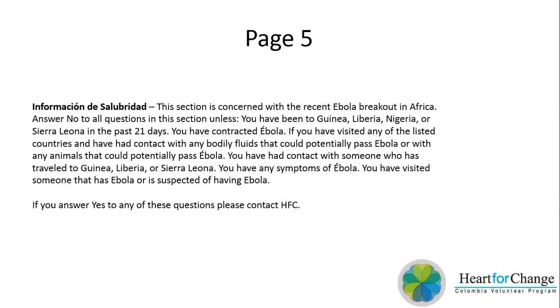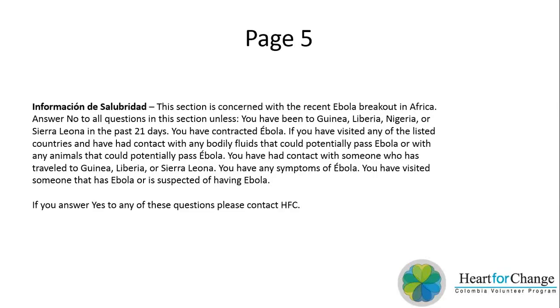You have contracted Ebola. If you have visited any of the listed countries and have had contact with any bodily fluids that could potentially pass Ebola, or with any animals that could potentially pass Ebola, you have had contact with someone who has traveled to Guinea, Liberia, or Sierra Leone.